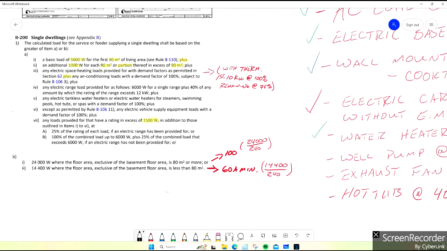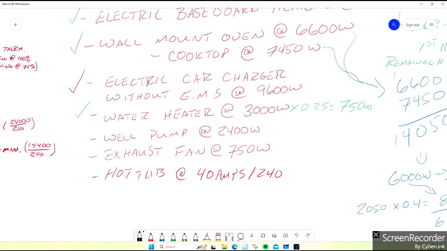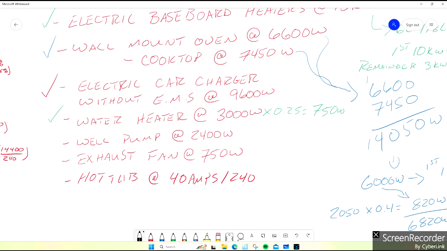Because we have an electric range included in our calculation, so we don't have to worry about a future electric range being put in and taking an even greater demand on the system. So 2400 watts times 0.25 is 600. So now we're going to include 600 watts for the well pump.